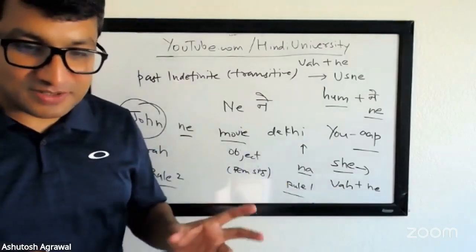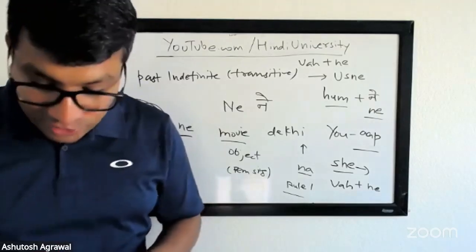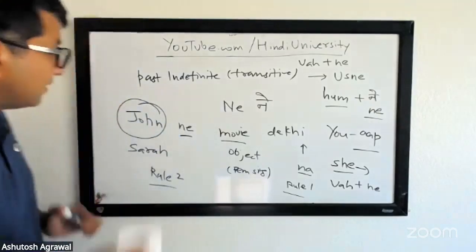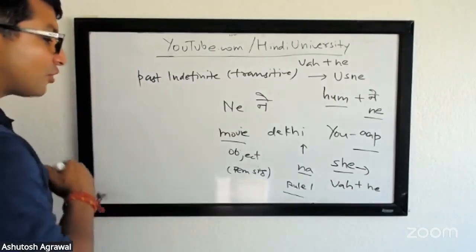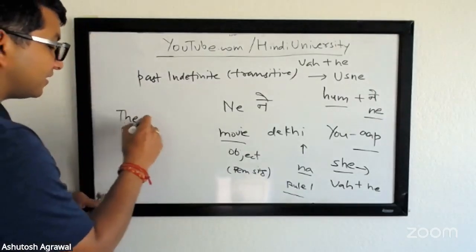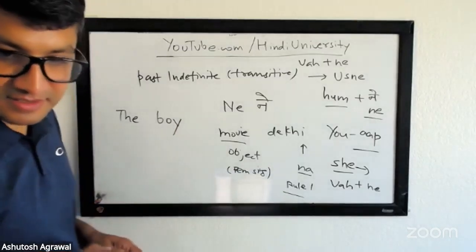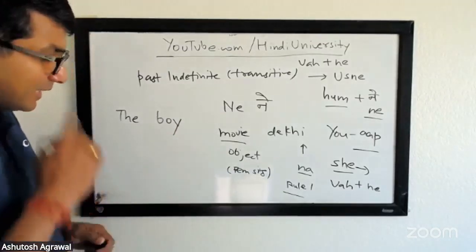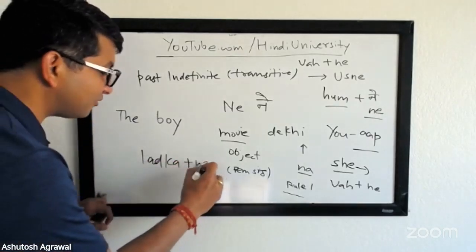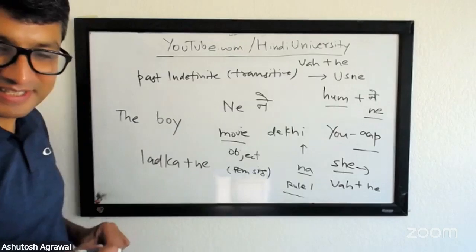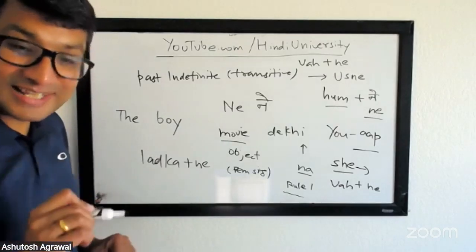Okay, but if it is different, let's say you want to say the boy watched the movie, it would be ladka, and then if it is ne after that, it will be ladke ne.